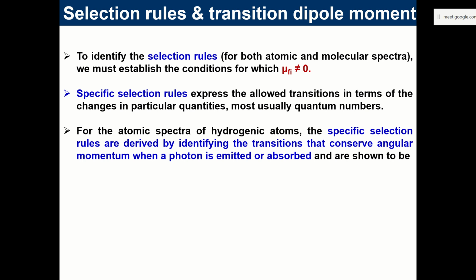There are two things in selection rules, one is the gross selection rule. Gross selection rule is this development of a transition dipole, it must be developed. And then you have to be specific about the transitions. You must be able to conserve the angular momentum when a photon is absorbed.